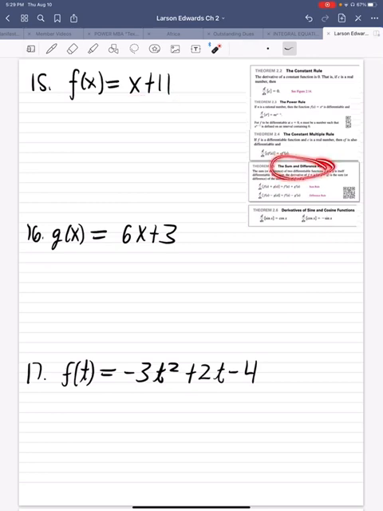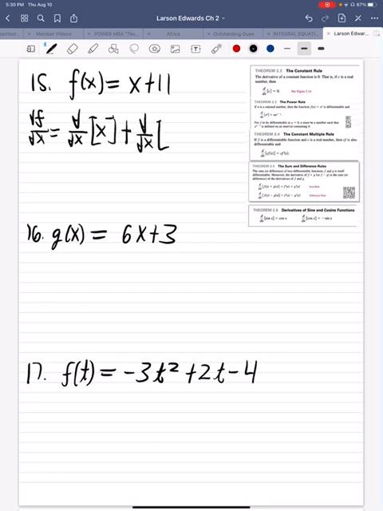So by the sum rule, df dx is equal to the sum of the individual derivatives, d dx of x plus d dx of 11. So now this is going to use the constant rule for this one and the power rule for this one.